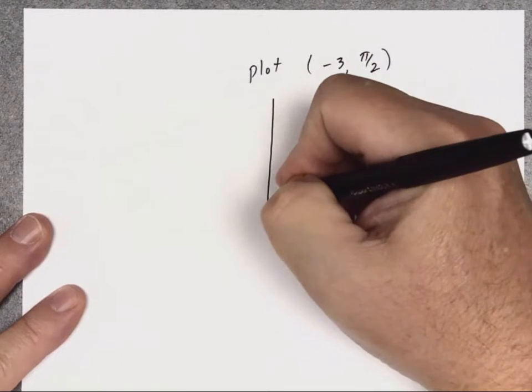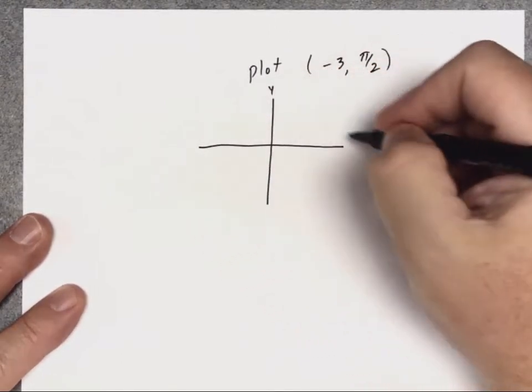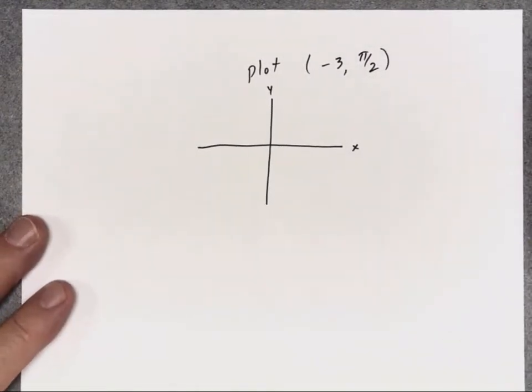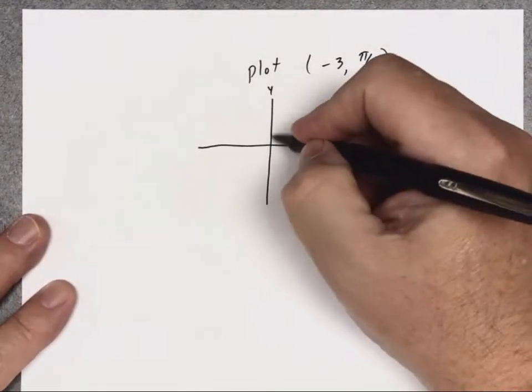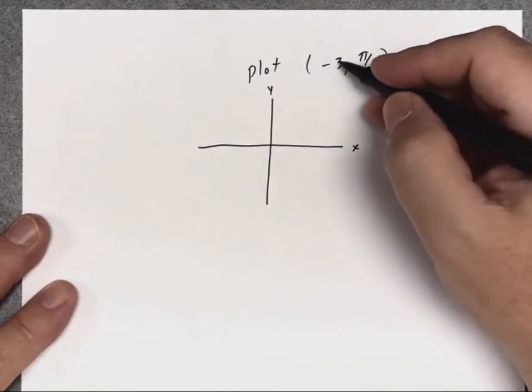So first thing I'll do, I'll go ahead and find my direction. Of course, pi over 2 is straight up. It's like the y-axis. And now my distance, or my length, is -3. Okay, what's the impact of when the length is negative?